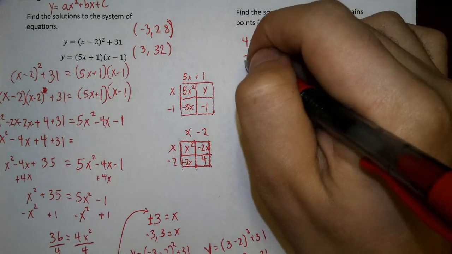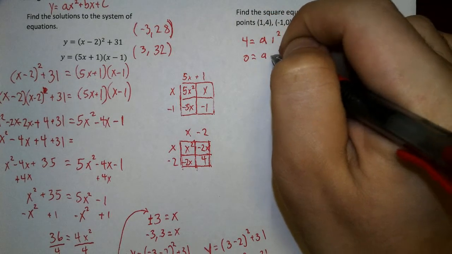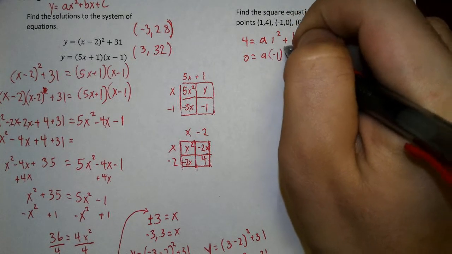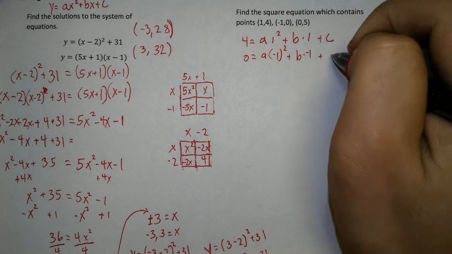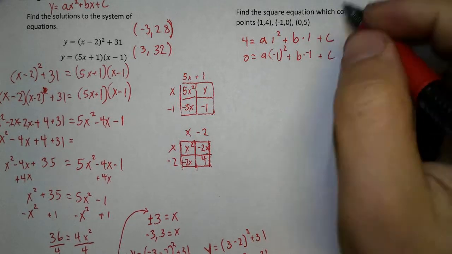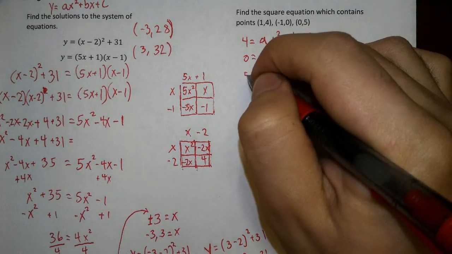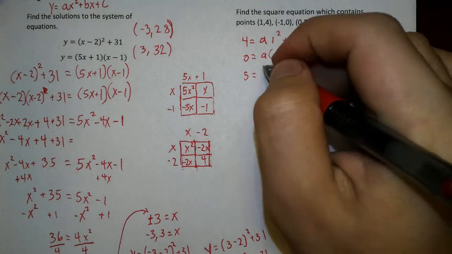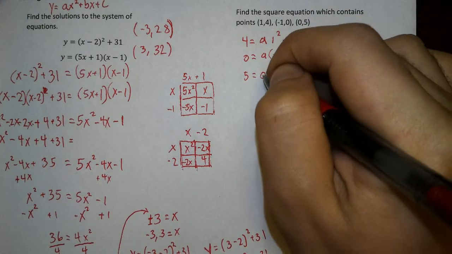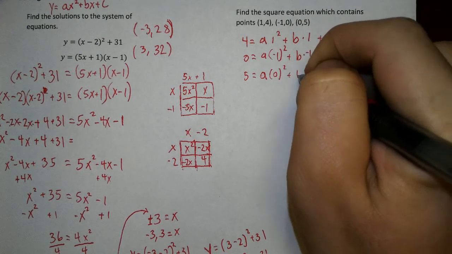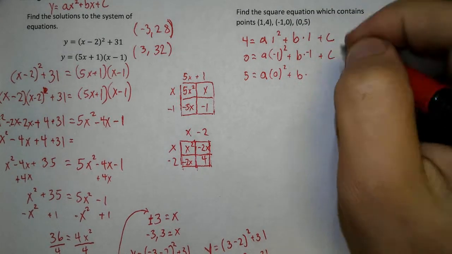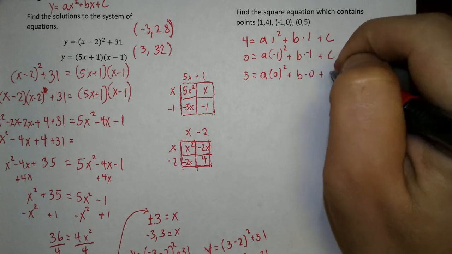And then we're going to have 0 equals a times negative 1 squared plus b times negative 1 plus c. And then we're also going to have 5 equals a times 0 squared plus b times 0 plus c.